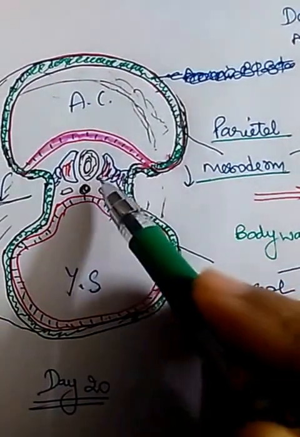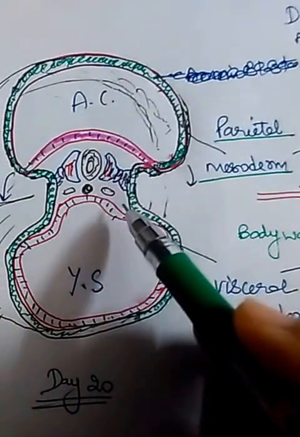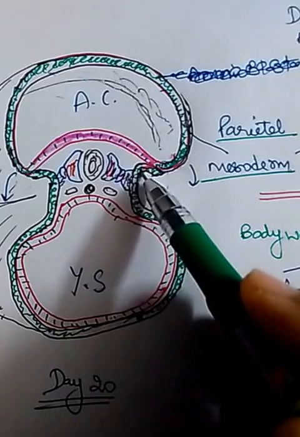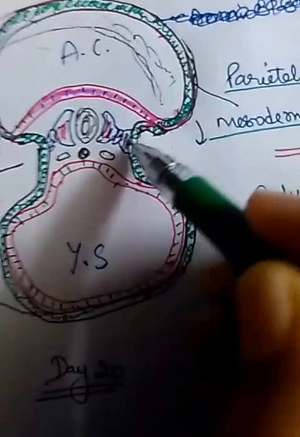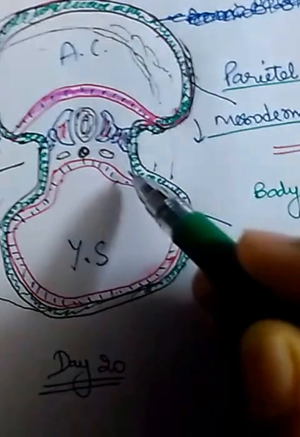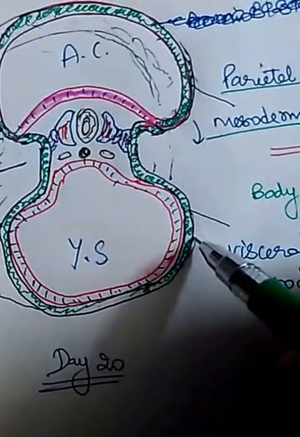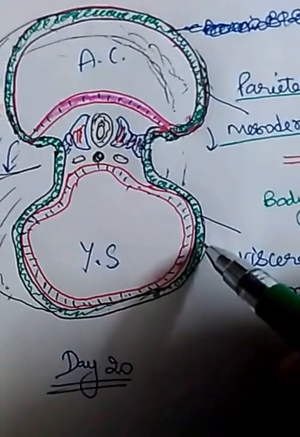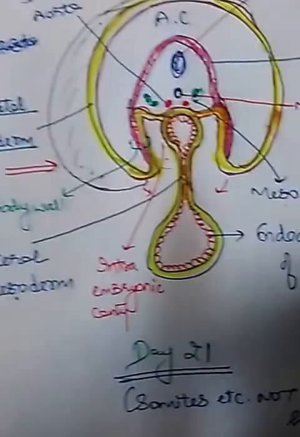You should just remember this is mesoderm, three parts. The lateral plate mesoderm is going above, forming parietal mesoderm, and below, forming visceral mesoderm. Now what happens on day 21?